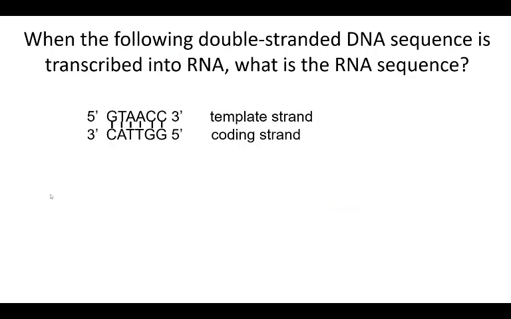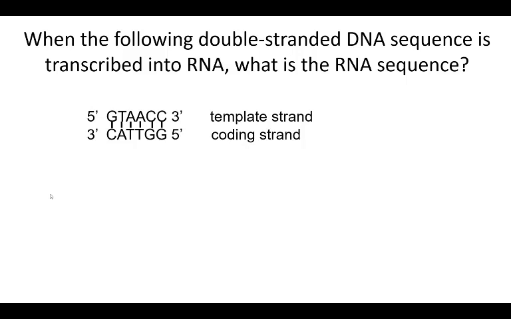So one type of problem I might give you to check if you understand these ideas of the directionality of transcription and the idea of the template versus the coding strand might be a problem like this. When the following double-stranded DNA sequence is transcribed into RNA, what is the RNA sequence?